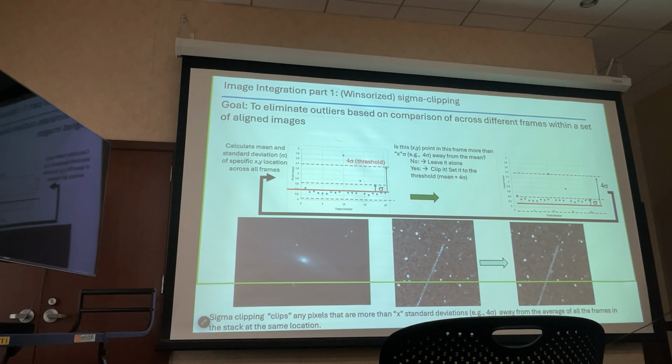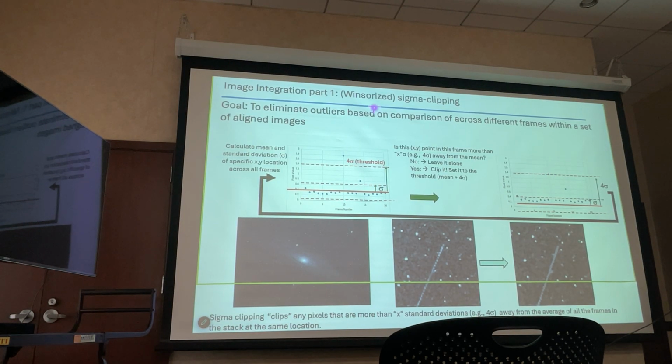If this particular pixel is much brighter, say more than, and I arbitrarily picked, 4 times the standard deviation, it will clip that pixel and set it to a value equal to 4 times the standard deviation. It doesn't put it to the average of the other frames, it clips it, and then sets it to that value.